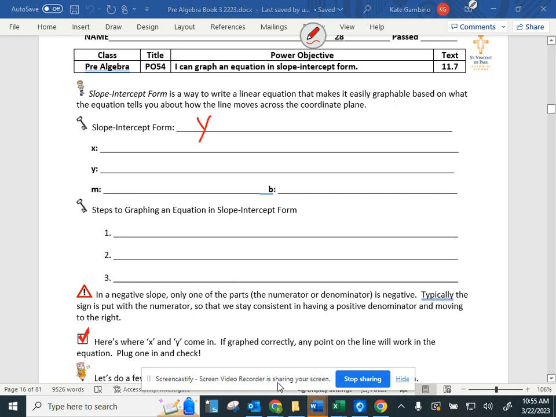Slope-intercept form, y equals mx plus b. We are going to learn what all of those variables stand for. But just like we're going to talk about the Pythagorean theorem in a few units, a squared plus b squared equals c squared, we will learn what those letters mean.